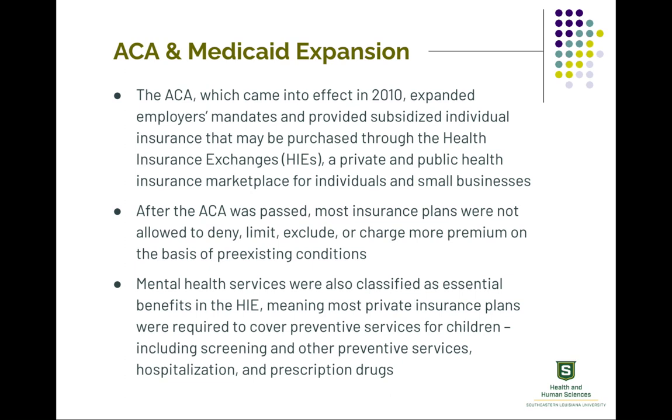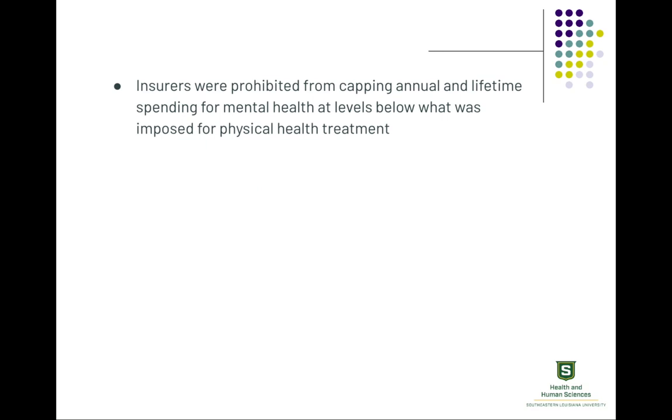In the same way that you would cover physical health, you cover mental health. Also, insurers were prohibited from capping annual or lifetime spending on mental health, in the same way that they couldn't do it for physical health treatment.